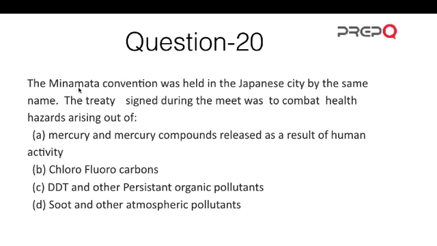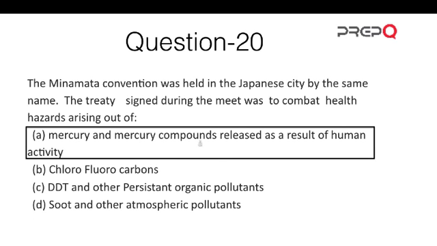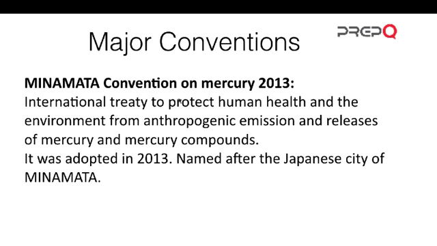Next, the Minamata Convention was held in the Japanese city by the same name. The treaty signed during the meet was to combat health hazards arising out of. The correct answer is mercury and mercury compounds released as a result of human activity. So Minamata Convention on Mercury, this was in 2013.